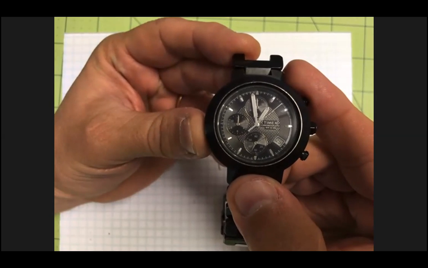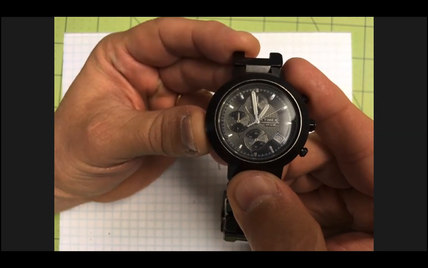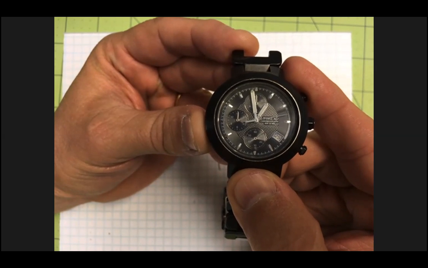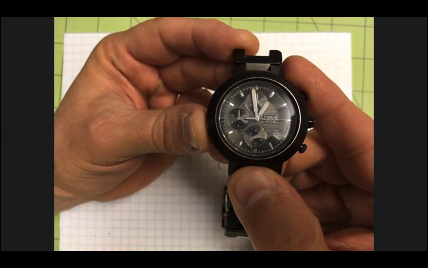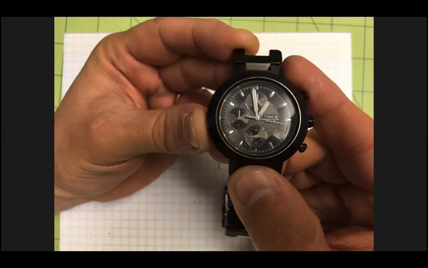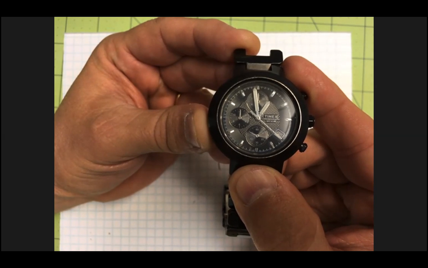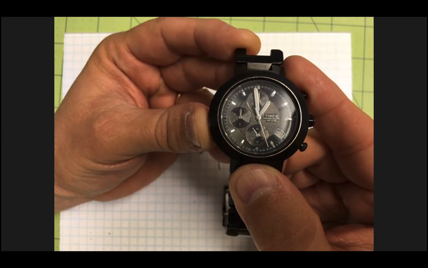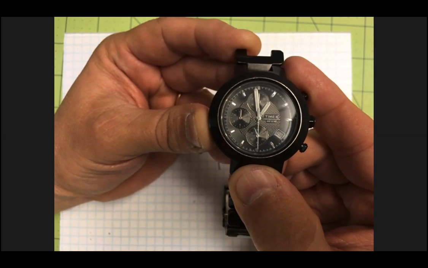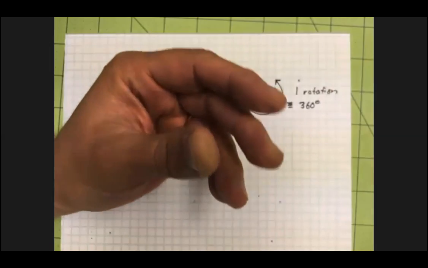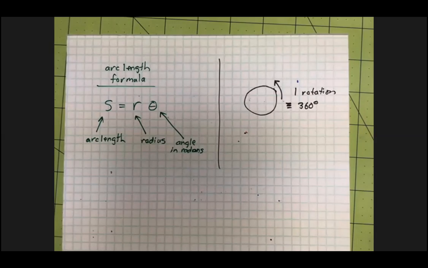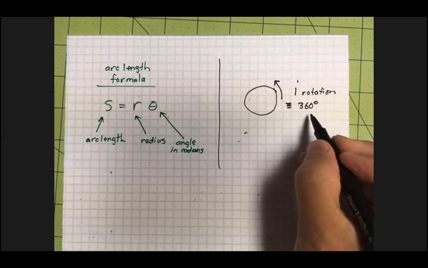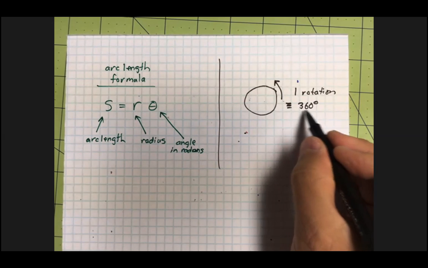I mean, the band is broken, but it was still a reasonable watch in its day. So there's a second hand moving, and you can watch and count how long it takes to go 360 degrees. But it's not going to surprise you that it takes 1 minute to go 360 degrees. That's what a second hand does. It measures out 1 minute in one full circle. So the second hand goes 1 RPM, 1 revolution per minute, 360 degrees in a minute.